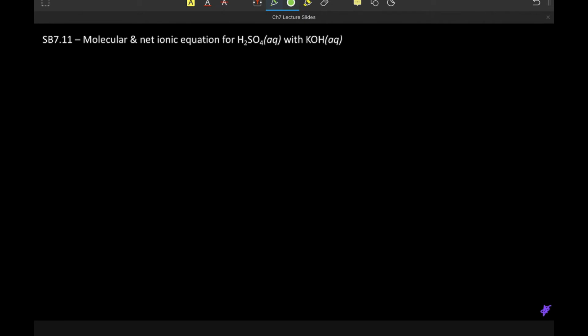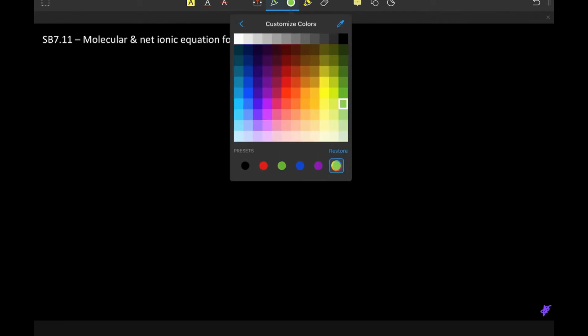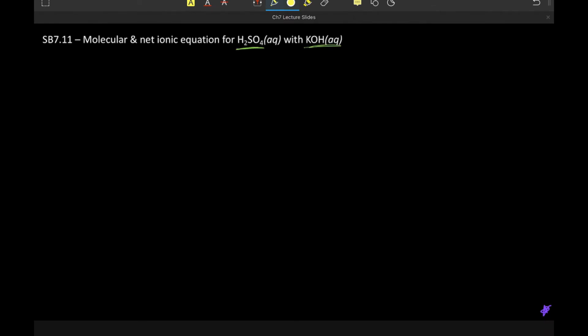All right, so let's go ahead and do a practice together. It says that we have some sulfuric acid and some KOH. We would like to do the molecular and net ionics, so let's start by writing down our reactants. So we have H2SO4, aqueous, and we've got some KOH, aqueous, and we would look at this and say, oh, we have an acid, we have a base.